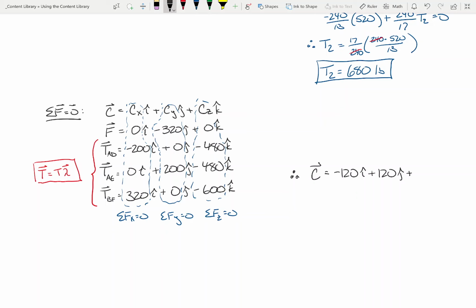And then flip the sign, so 1560. Okay. Then don't forget that T1 is 520 pounds. T2 is 680 pounds.